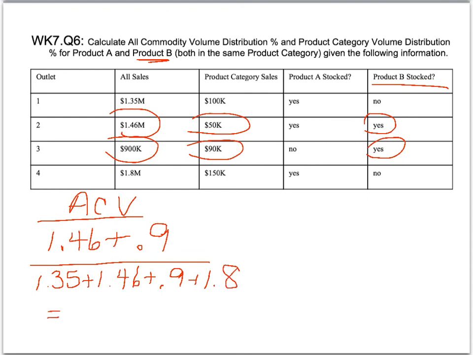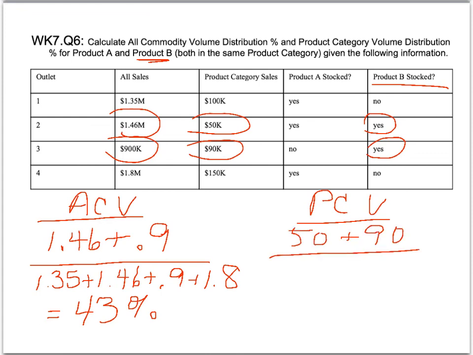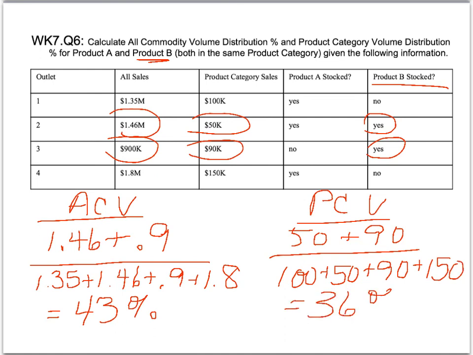For an ACV in this case for product B, that's 43%. A PCV, on the other hand, is going to take our 50,000 plus 90,000, and we're going to divide again by total available sales, for a PCV in this case of 36%.